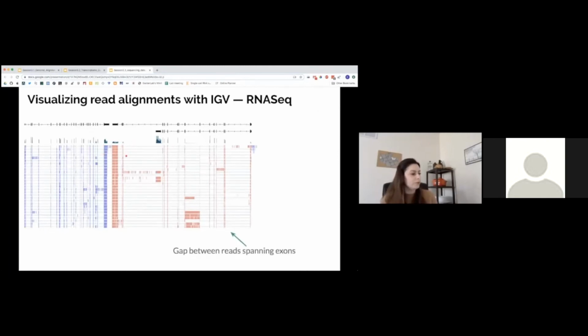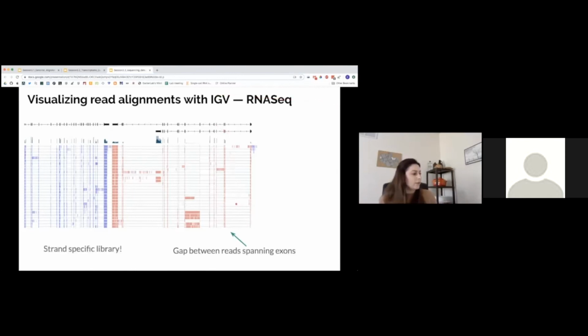I'll point out two things. One is that for a specific read, you can see the gap between exons. It will show this thin blue line when a single read is split, so it mapped partially to one location and partially to another. And you can see that here.